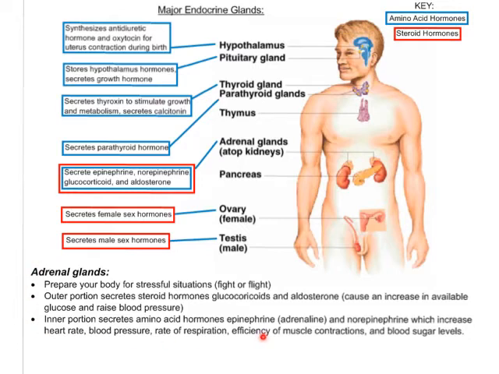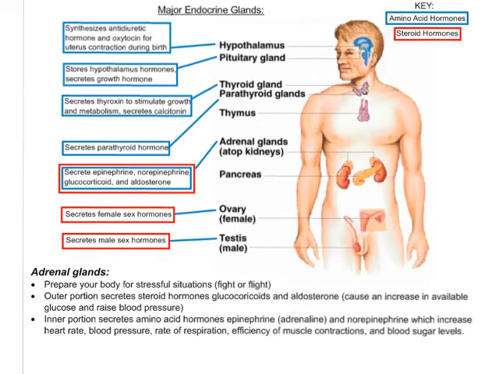So let's take a look at the adrenal glands. Adrenal glands are really important because they prepare your body for stressful situations, a fight or flight situation. The outer portion of the adrenal glands secretes the steroid hormones. Those are glucocorticoids and aldosterone.